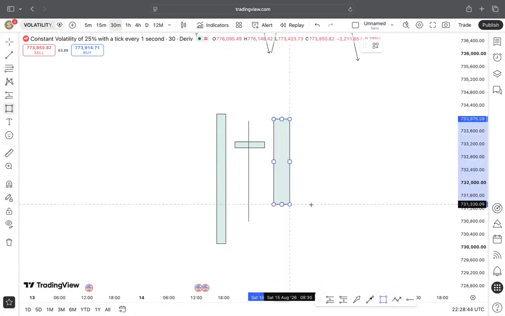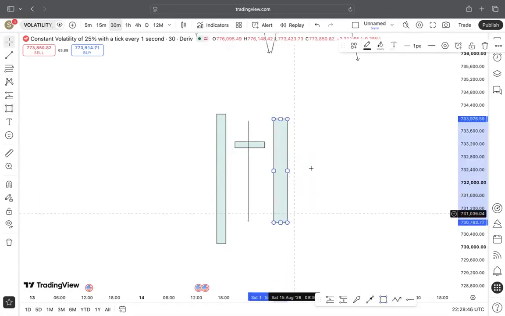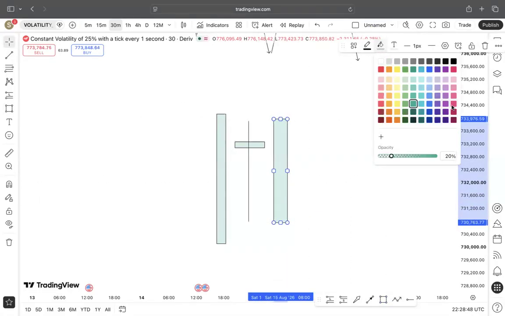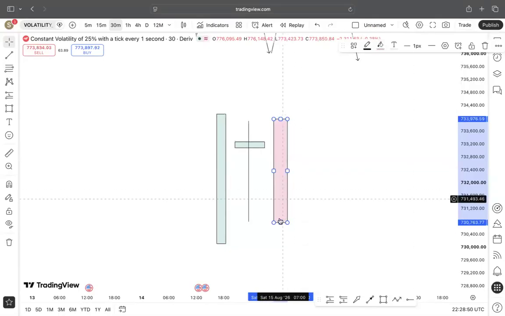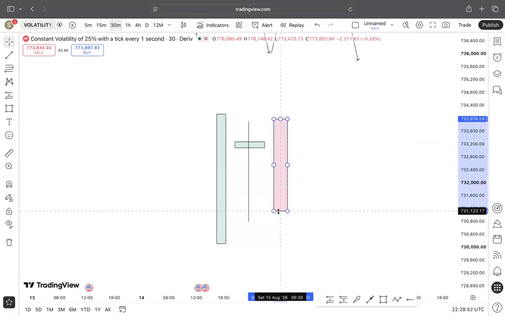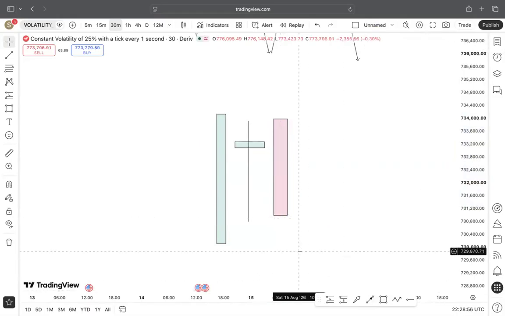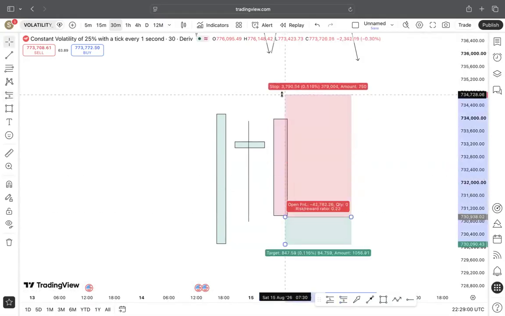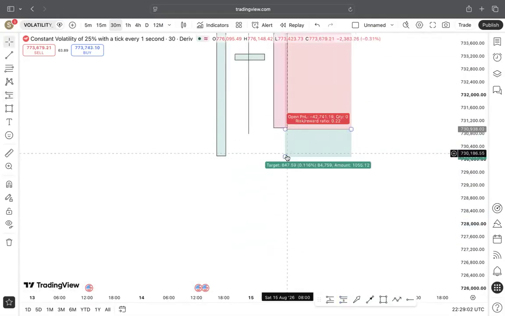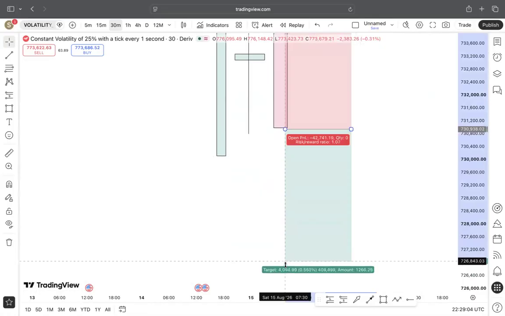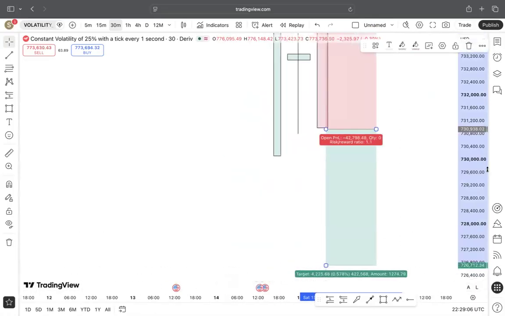And then the third candle has to be a bearish candlestick. Remember, it's not by the colors, but the close has to be below the open for you to know that this is a bearish candlestick. So your entry would be at the close of this third candle. Stop loss, your strategy will tell you that, and then you'll take profits where your strategy is telling you.